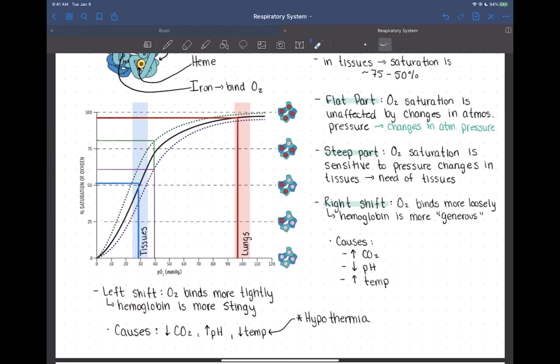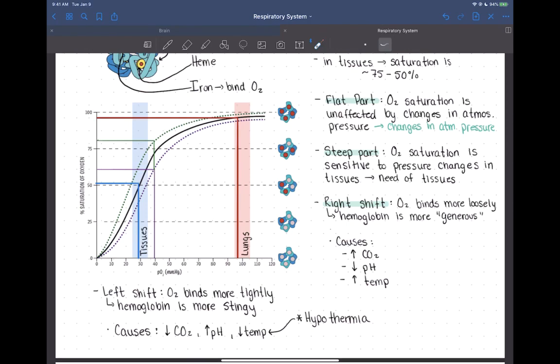This is the range of where those tissues are. So as the tissues become more in need of oxygen, that hemoglobin becomes much more ready to give up oxygen to the tissues. Okay, so it's very responsive. The steep part means it's responsive to the needs of the tissues.